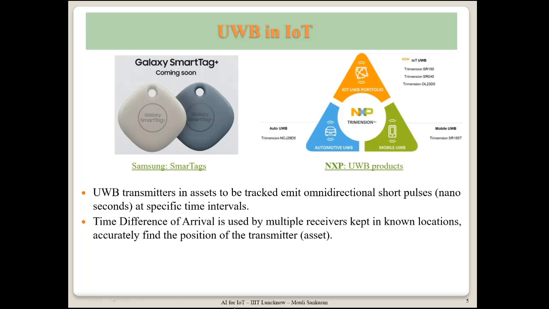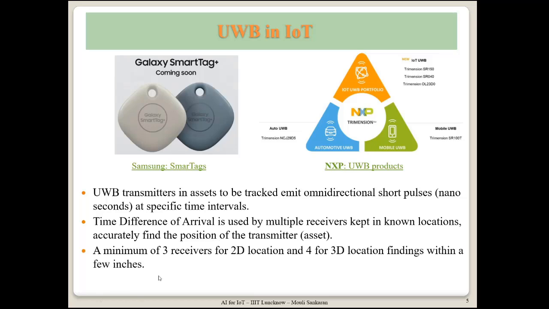So it's a time difference of arrival as well as angle of arrival. Even Bluetooth uses the angle of arrival, as I mentioned. This uses a time difference of arrival. It doesn't use the angle information, because it's an omnidirectional transmitter. So 3 receivers for 2D location, 4 receivers for 3D location are required to find out the exact location of an object in a few inches of resolution.